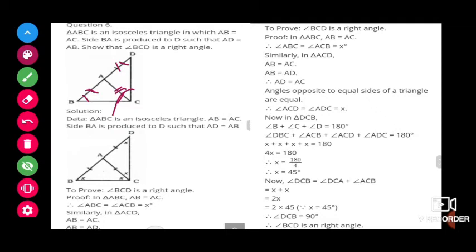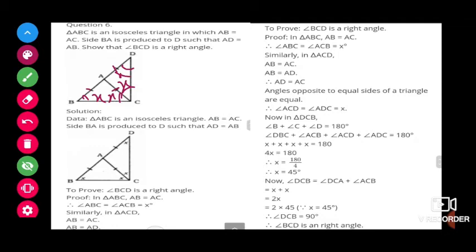Now to prove this, first let's take this unknown angle as x. If this is x, these both sides are equal, so the opposite angles are also equal, then this also will be x. And this side is equal to this side, so the opposite angles will also be the same. So we can take this also x, this also x.